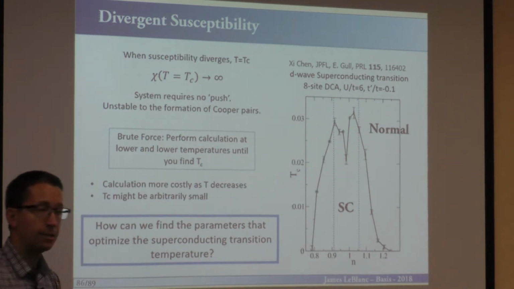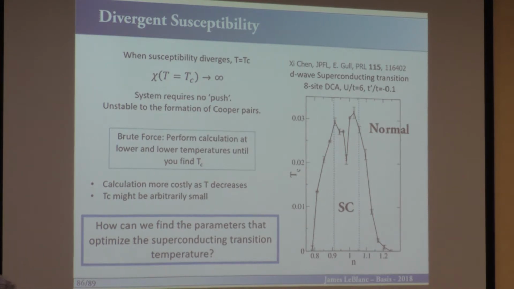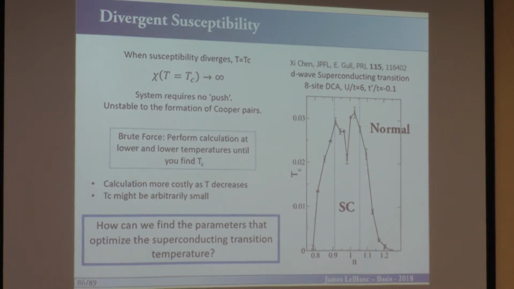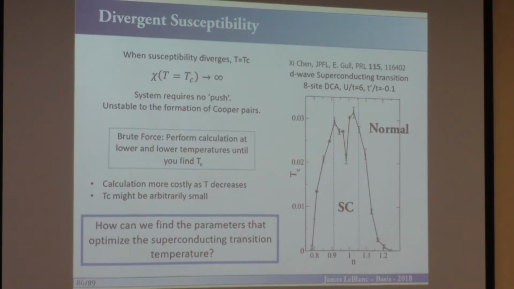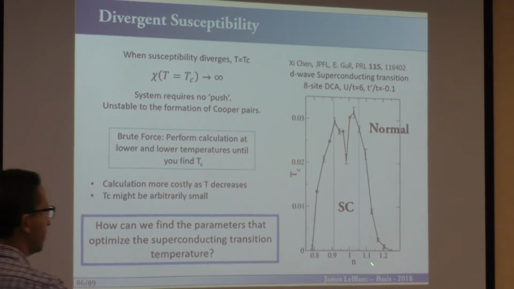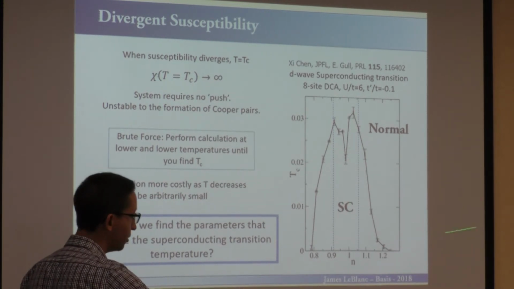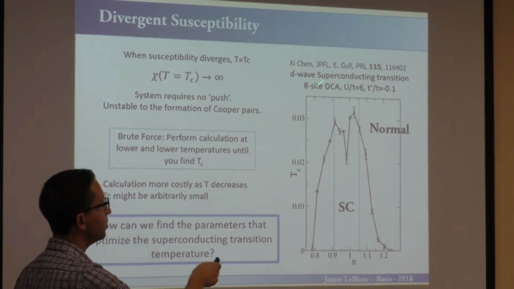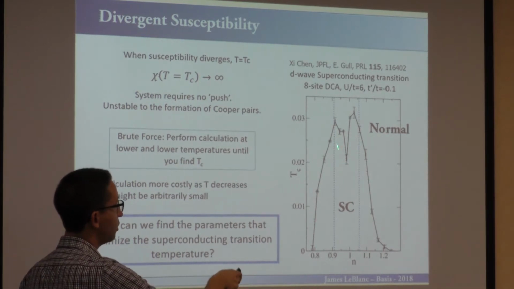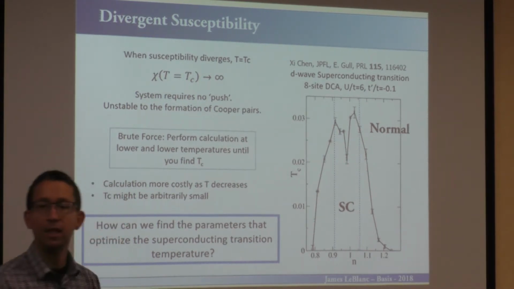This is a dome centered at the insulating point. Ideally, what we would want is some set of parameters where we have separate domes on the electron doped side and on the hole doped side. But for these particular parameters, it happens that those two domes touch each other qualitatively.